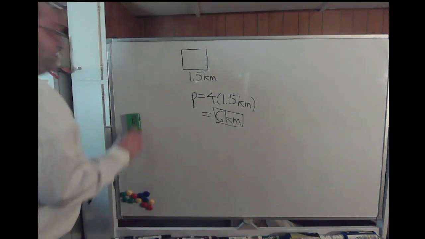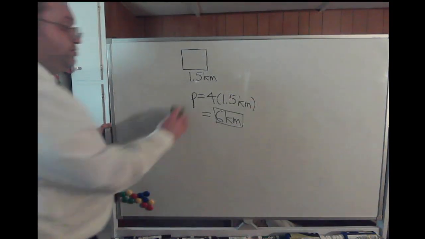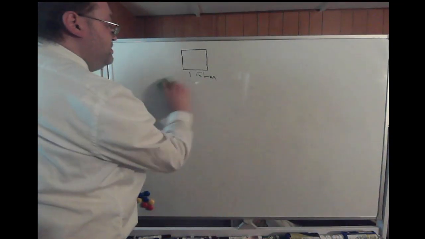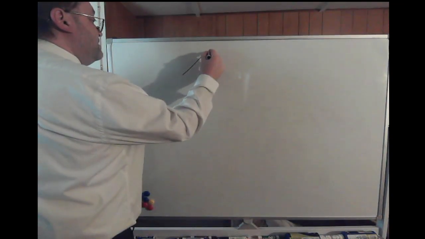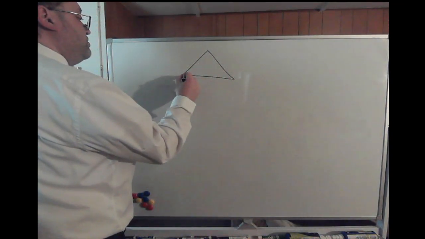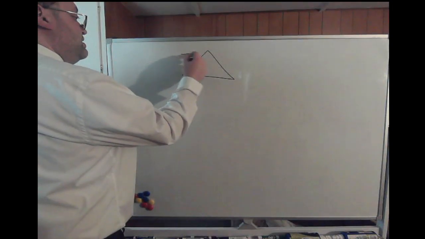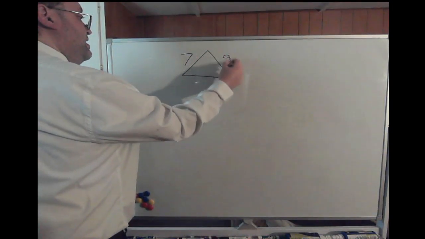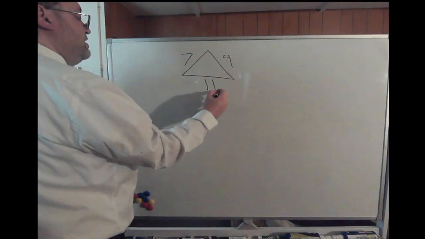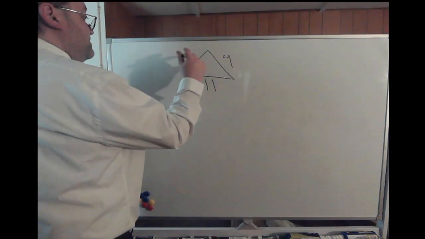Really, there is nothing much to do on perimeter. It's just simply adding up sides. Let's do another triangle, because there really isn't a shortcut for doing triangles.